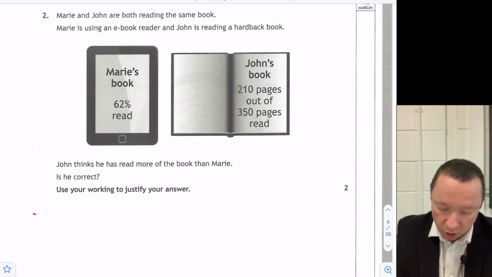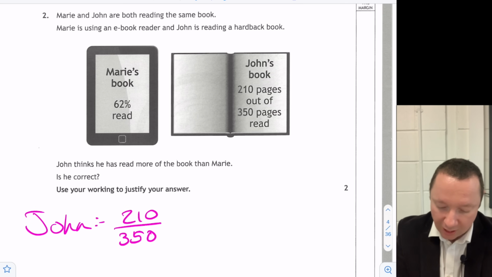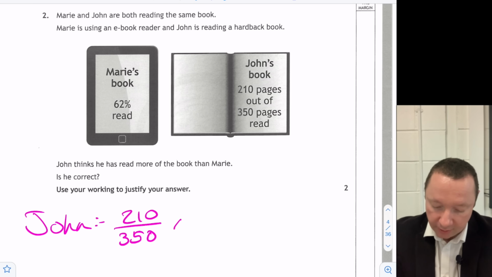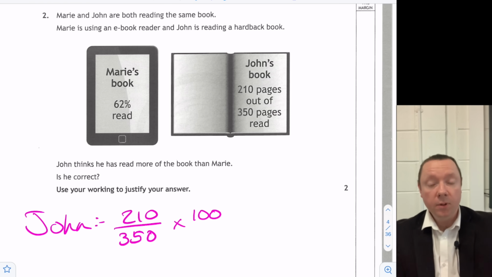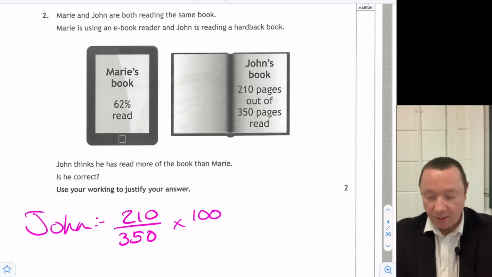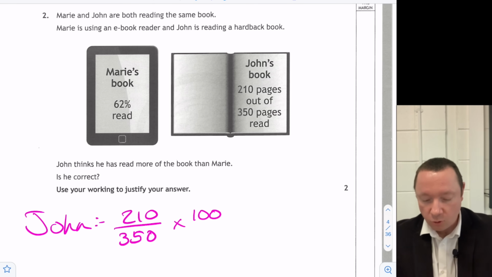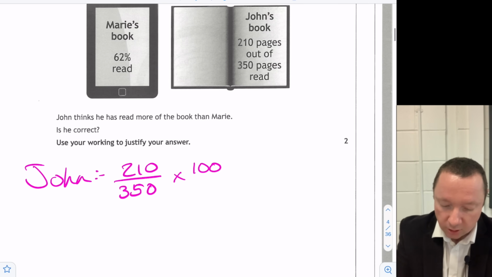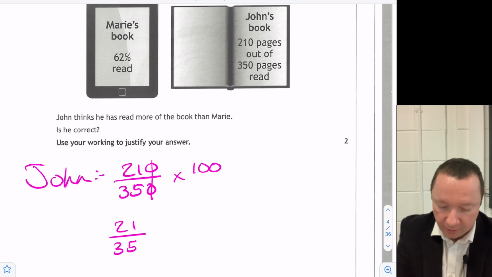So let's look at John. To start with, we've got 210 out of 350, which as a percent, I can times by 100. If I can somehow play with this fraction and get it into a percent easily without using decimals, we should be good to go. First of all, let's knock off some zeros to get 21 over 35 times 100.